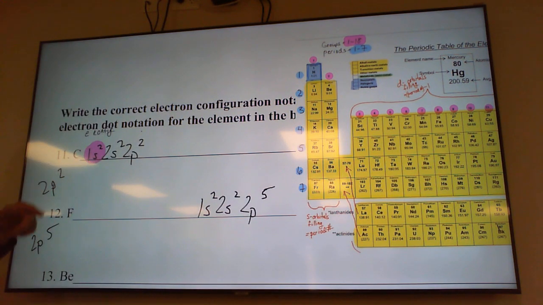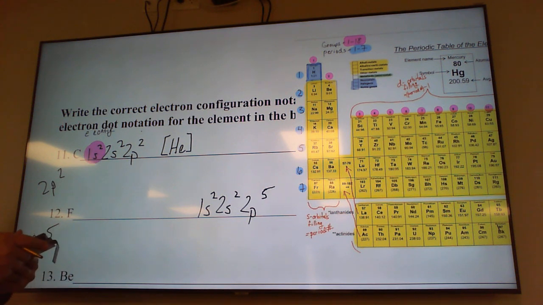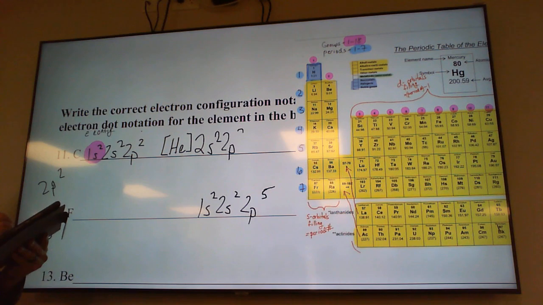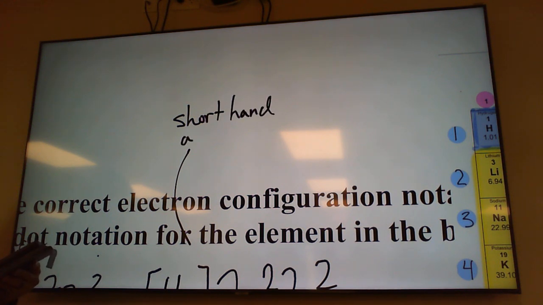So if I want to do the shorthand configuration for carbon, I am going to put He in brackets, and then I'm going to put whatever comes after helium's configuration, which is 2s2, 2p2. So this is shorthand or abbreviated electron configuration.